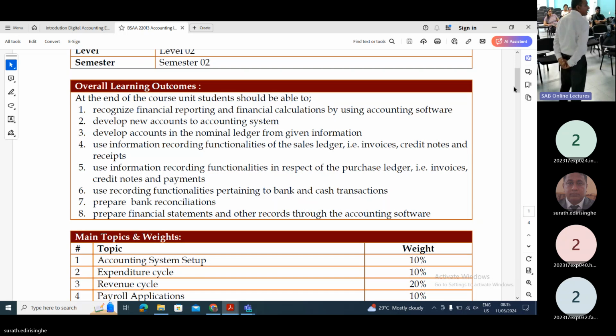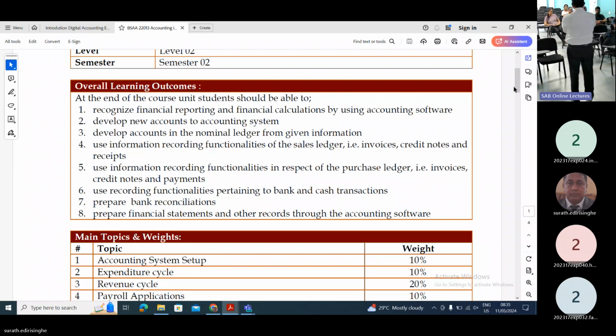The second one, develop new accounts in the accounting system. You know that there is an accounting system in the organization. Normally, we use ledgers.